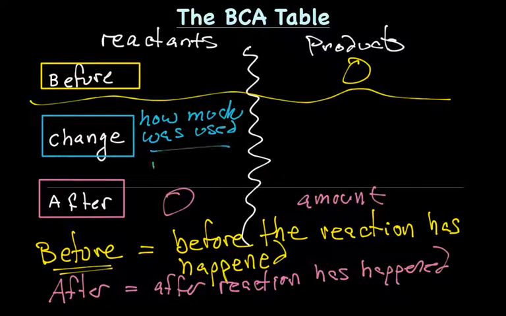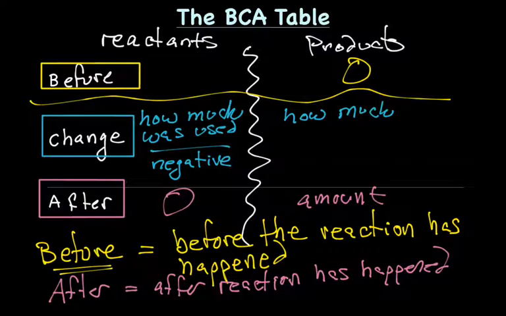So that means the number is going to be negative. And in the products, the change is how much was made. So we're adding to it, right? So these numbers are going to be positive.